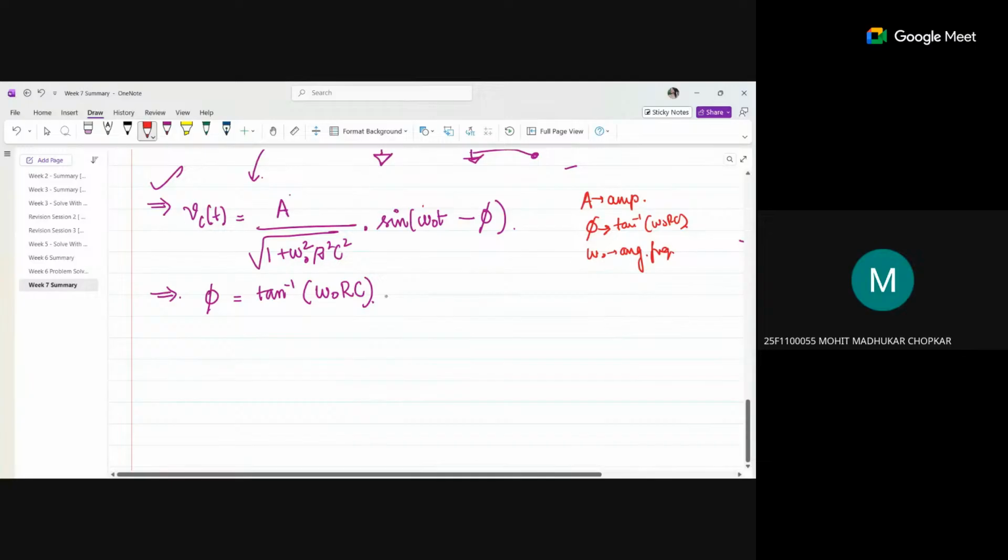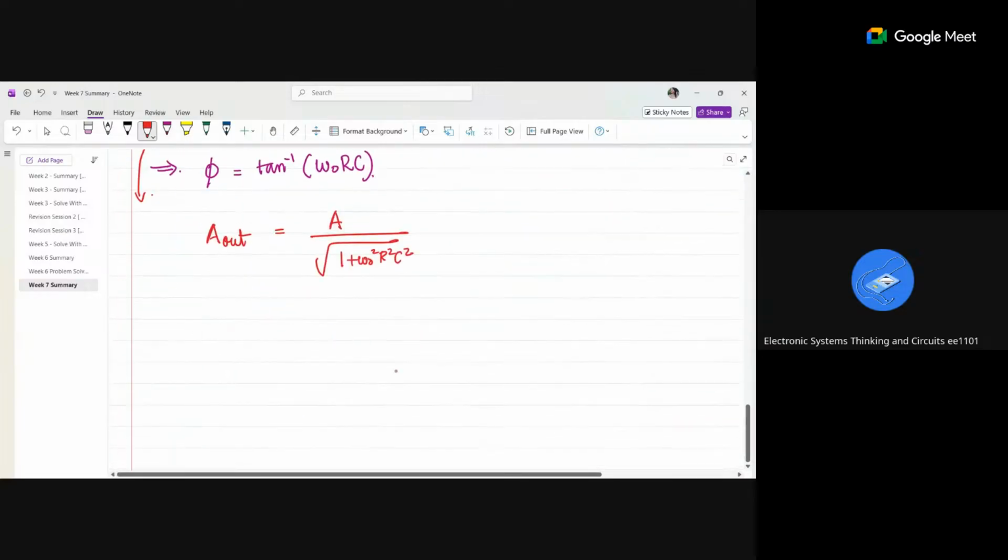Now we will analyze this equation. I'm going to take only the magnitude, A by root of 1 plus omega naught square R square C square.